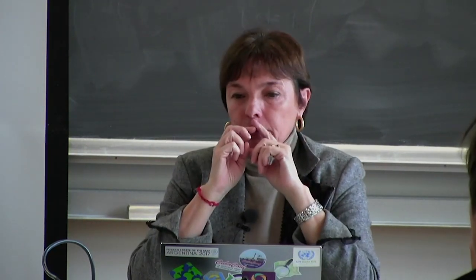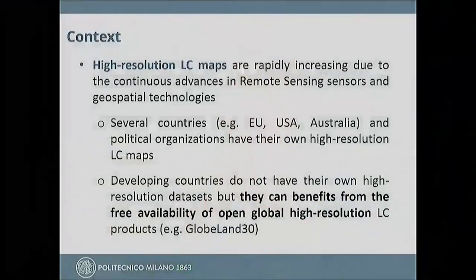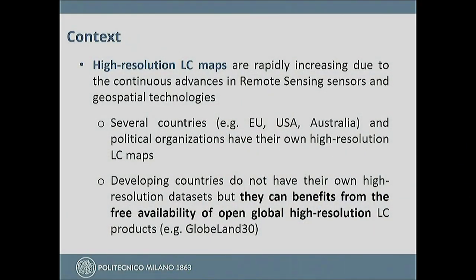At this point, we have the complete overview about the global maps that are available. The point is that generally in the developed countries, we have also higher resolution land cover maps.